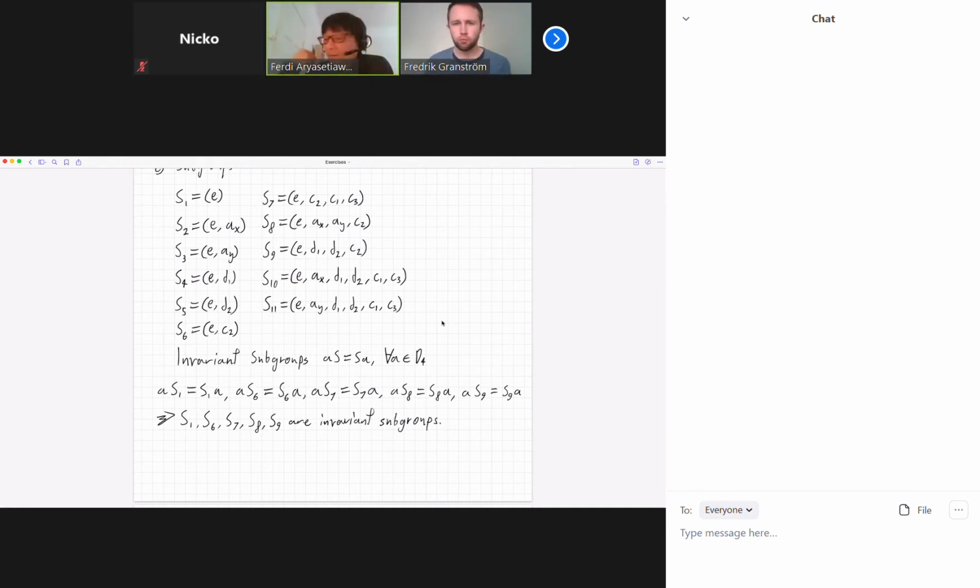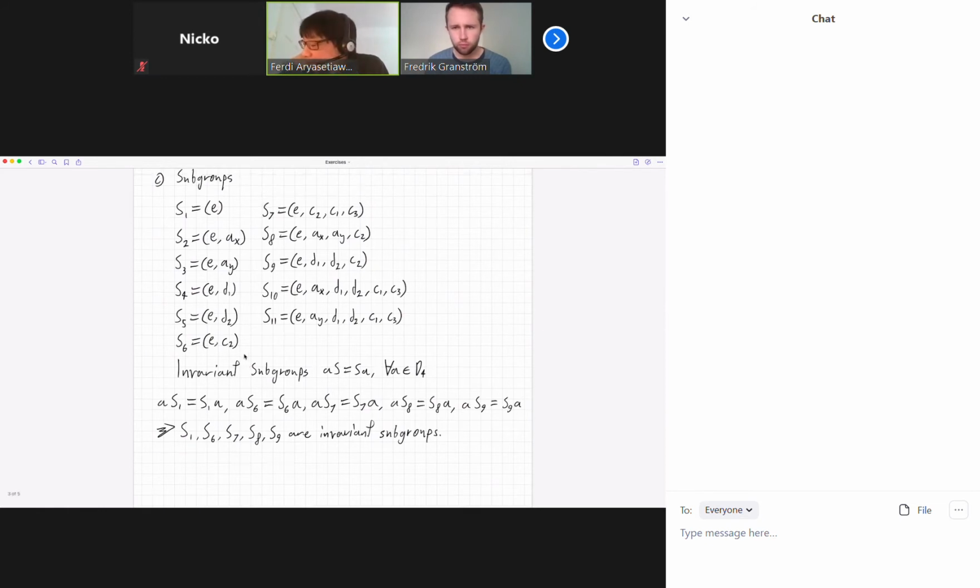So all those invariant subgroups should just consist of classes. You're right. This is the first class and one of the classes. Is that an if and only if condition? I see that it is true for each invariant subgroup that it is made entirely of classes. But is it true that all groups which are made entirely of classes are invariant subgroups?